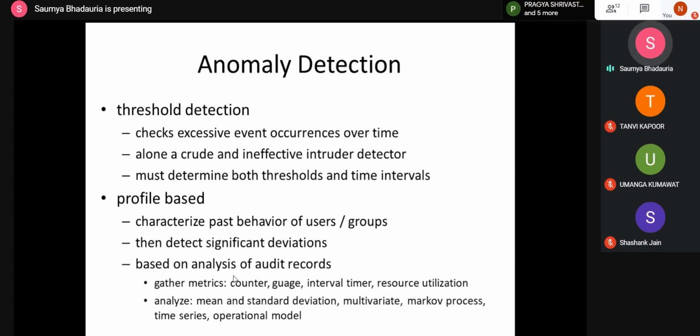Now these log files will have two major pieces of information. They can have a metric which normally considers resource utilization, counter, or the interval time. And once the metrics are collected, a proper analysis of the collected data and the existing data can be done on the basis of these parameters. Once this is done, further you will classify what has been done.